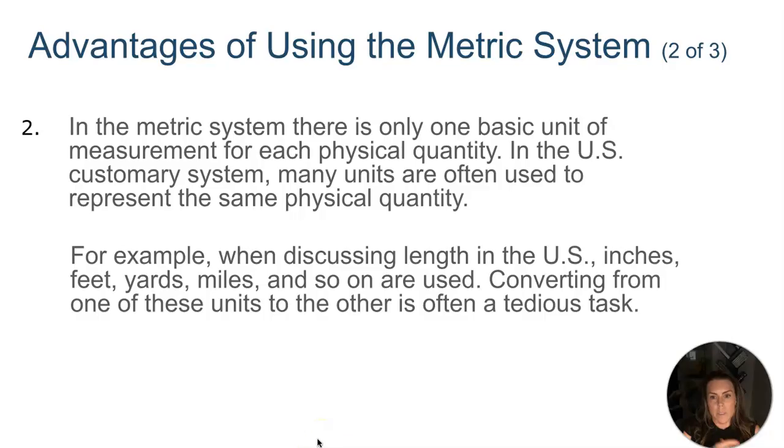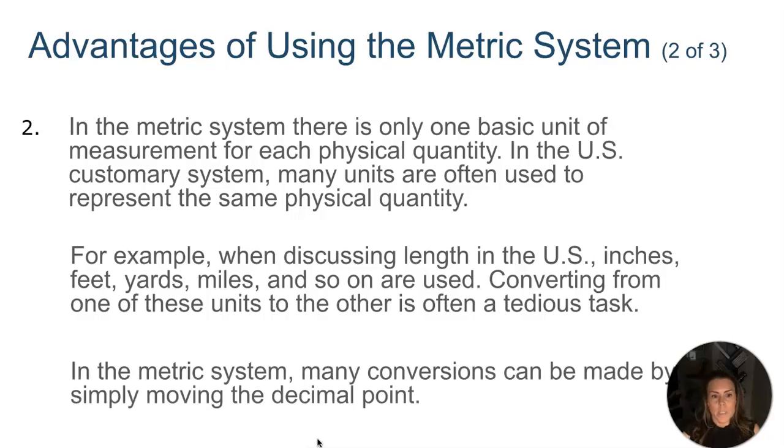For example, in the United States, when we're discussing length, we can measure in inches, feet, yards, miles, and so on, and converting is pretty challenging at times. But in the metric system, many conversions can be made by simply moving the decimal point. To measure length, we're going to use meters, but we could use kilometers or centimeters and so on. So you'll see how that works.